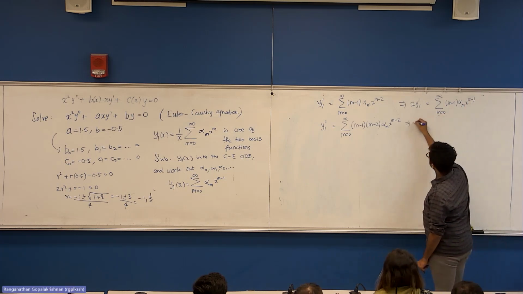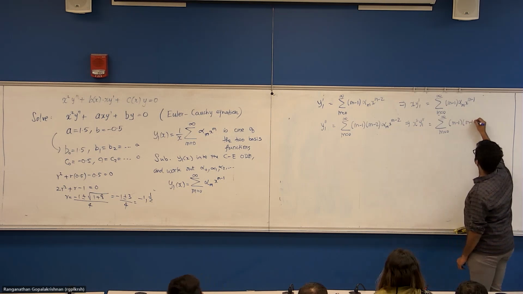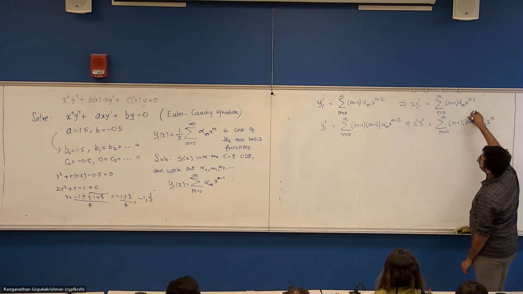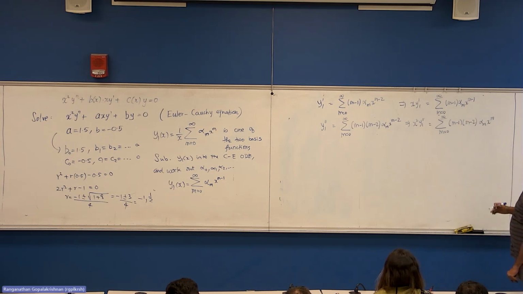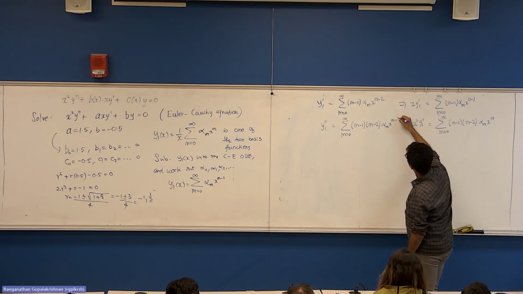And then this is x squared y1 double prime, right. Should be as minus 3.